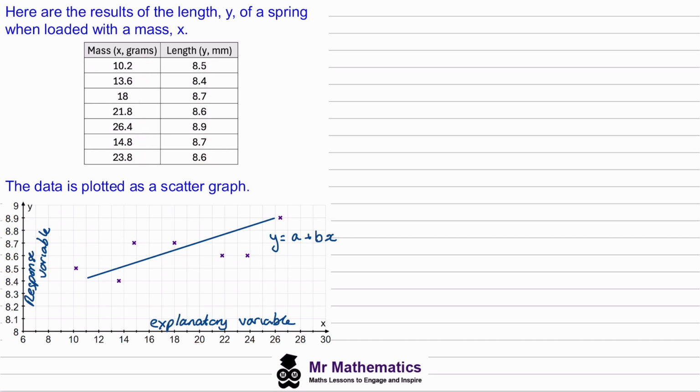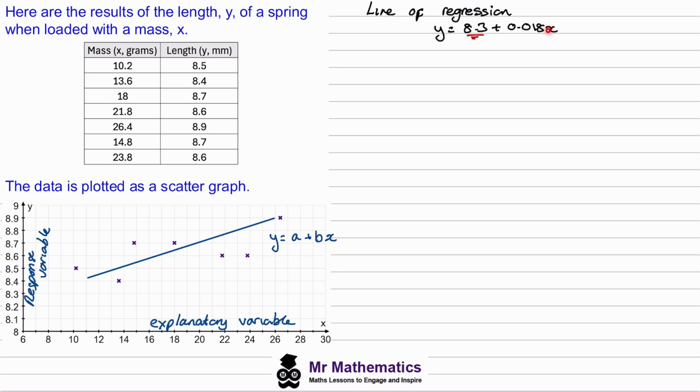And for A-level, we're not required to calculate this line of regression. We're given this in the question. So in this question, the line of regression is given as y equals 8.3 plus 0.018x. And it's important that we can interpret each of these values within the context of a question. This 8.3 would represent the length of a spring when we've got zero mass attached.